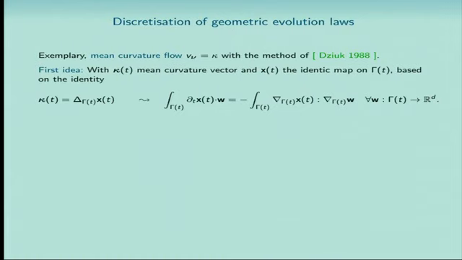On the left-hand side we have the time derivative of the coordinates, so that represents the velocity. So this is a variational formulation of the above geometric evolution law. It might look like a weak formulation of the heat equation, but of course it's highly nonlinear, because this x here is coupled to the gamma, the identity of gamma.